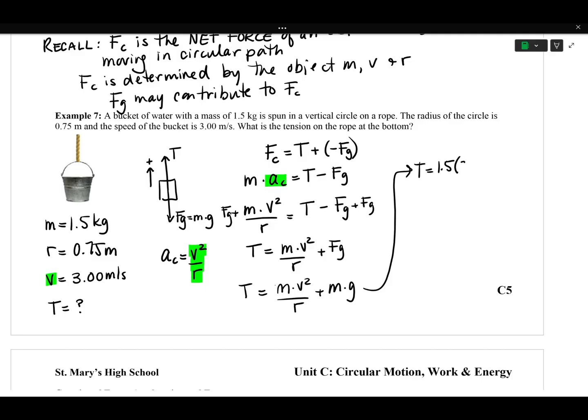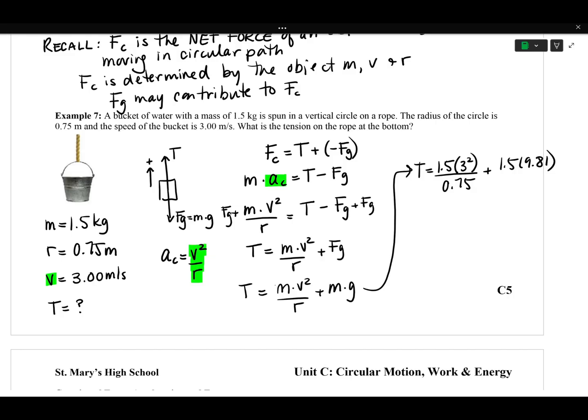There's the formula for tension. So now I'm just going to plug in my values. Tension is going to equal the mass, 1.5 kilograms, times my speed, 3 squared, all divided by my r, 0.75, and then I'm going to add to it 1.5 times 9.81.